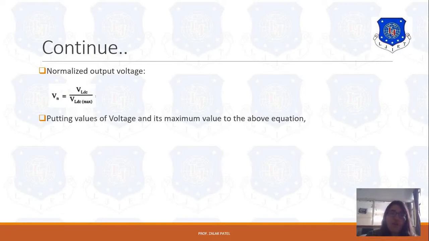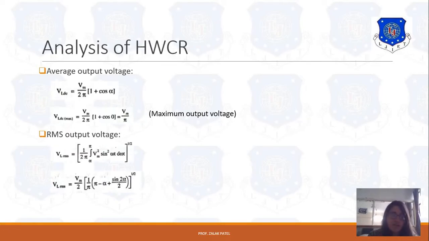Now we put all the values in the above equation. We take the values of VLDC and VLDC maximum from the previous slide: VLDC is Vm upon 2 pi into (1 plus cos alpha) and the maximum value is Vm upon pi.